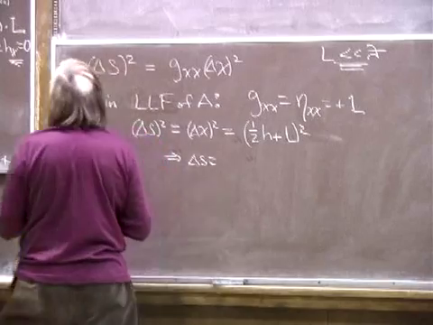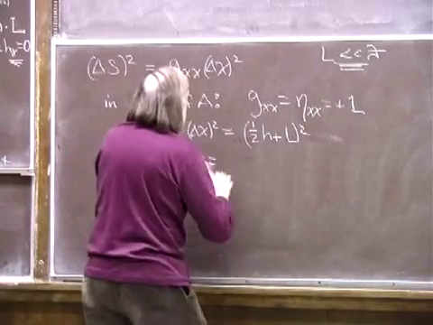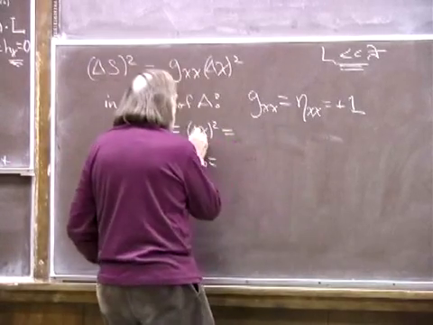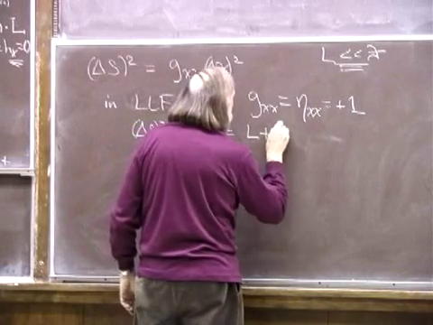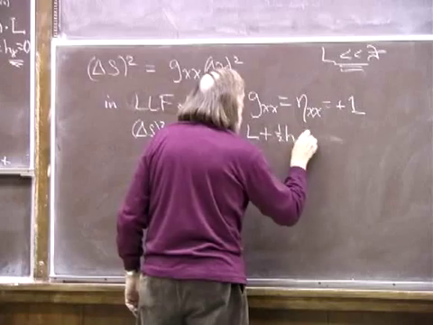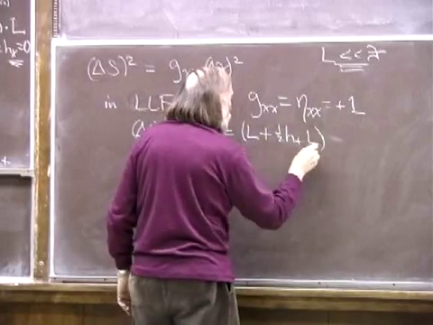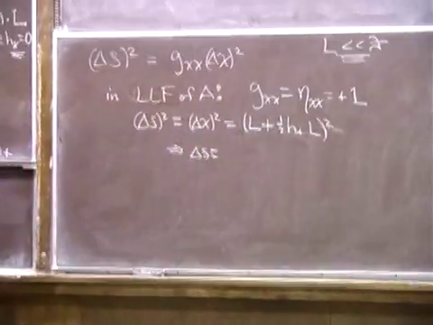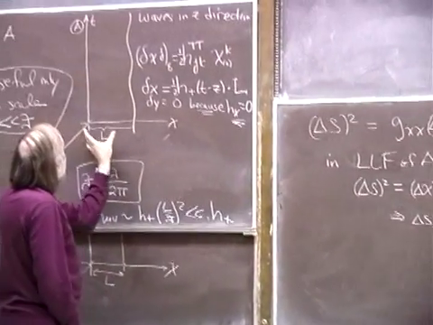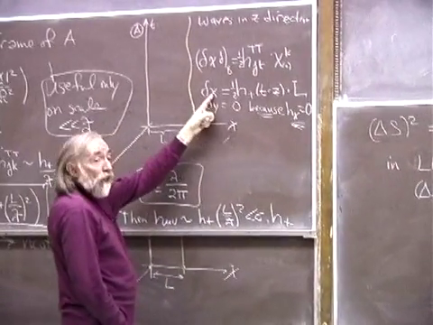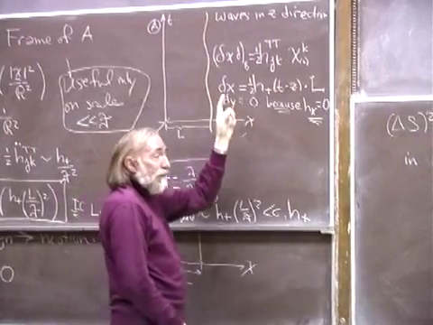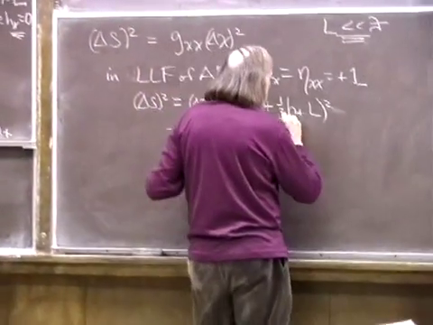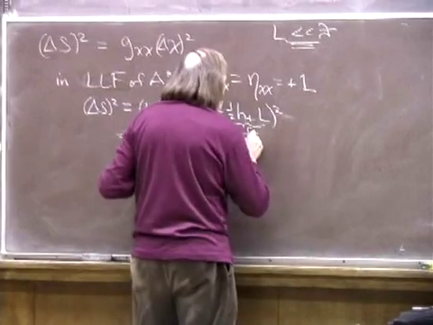Let me start over again. Delta x, the separation, is equal to L plus 1/2 h plus times L, squared. The original separation was L, and this little delta x is the change in the separation.